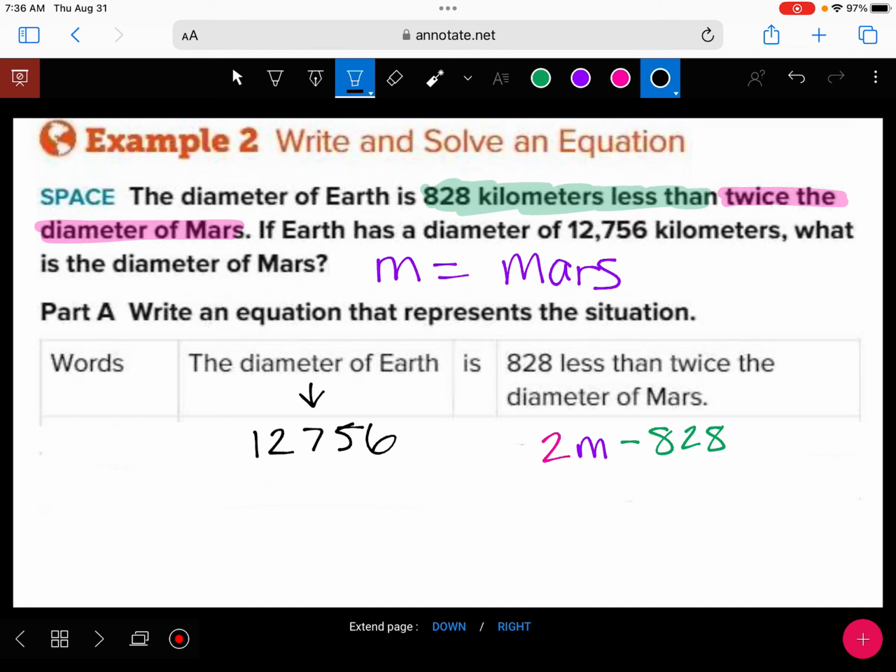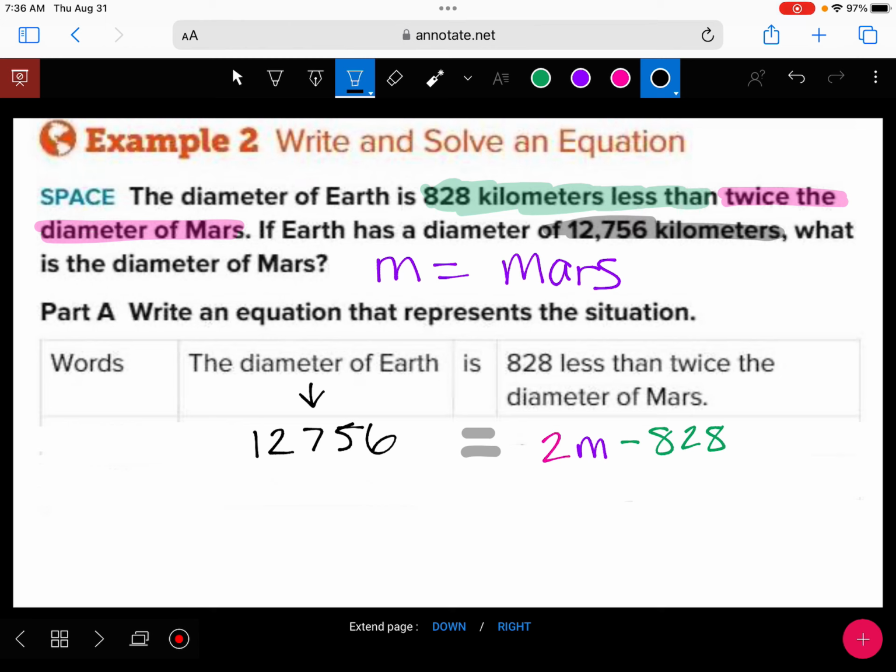That's this guy right here. If I take the word is into an equation, what's going to go right here? Equals.